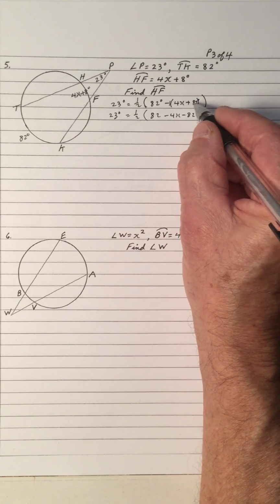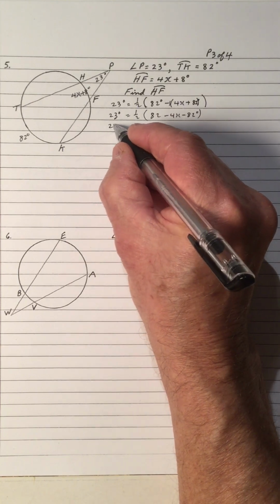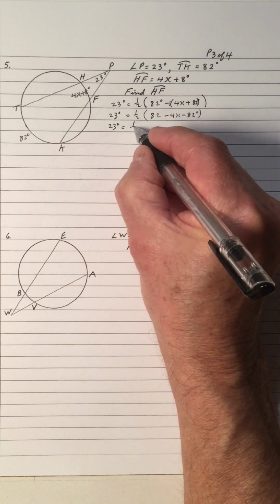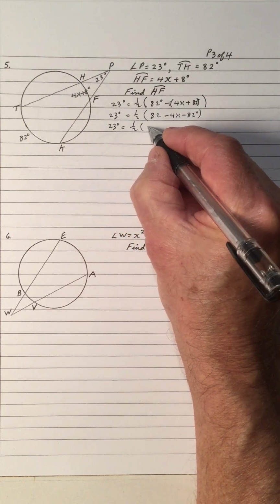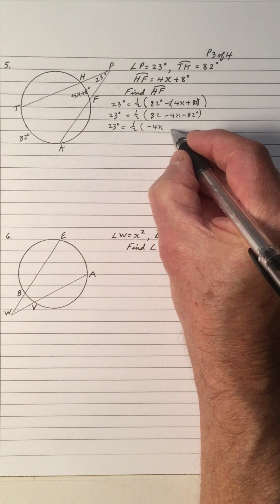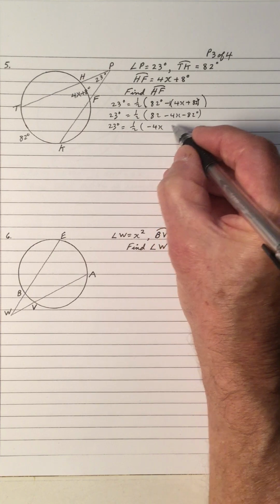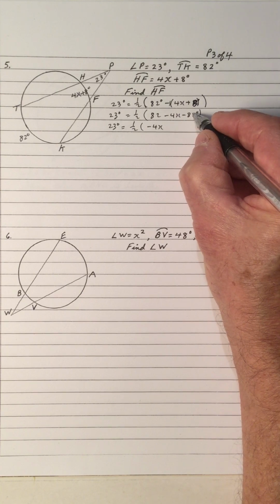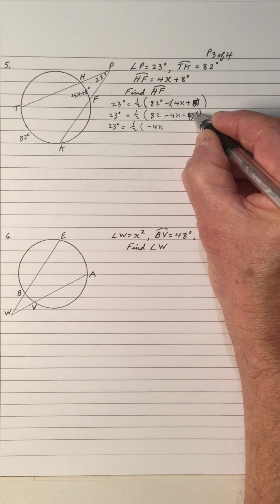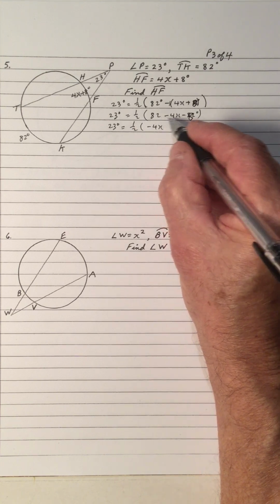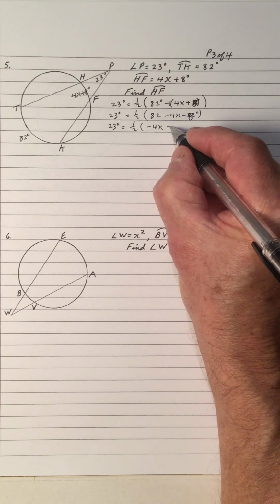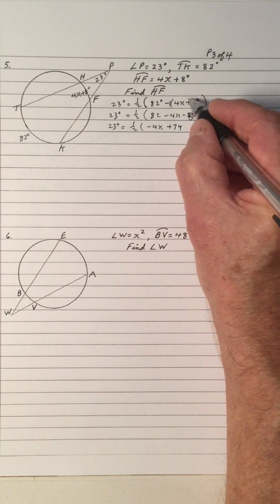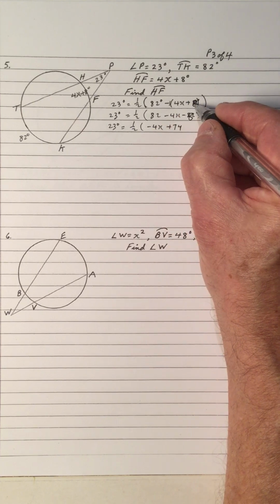So it's a negative 4x plus 8. So 23 degrees. Let's simplify the inside. So we got a negative 4x. Oh, that is an 8. So 82 minus 8 is plus 74. Sorry about that.